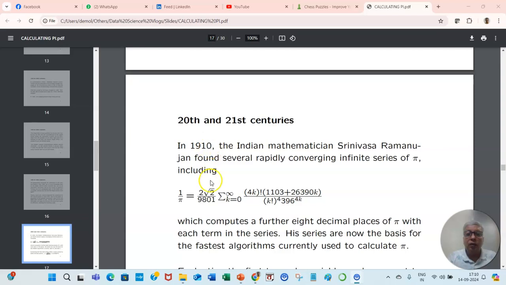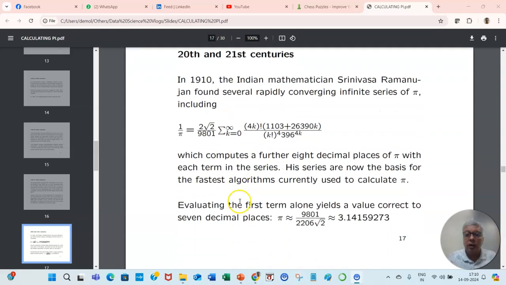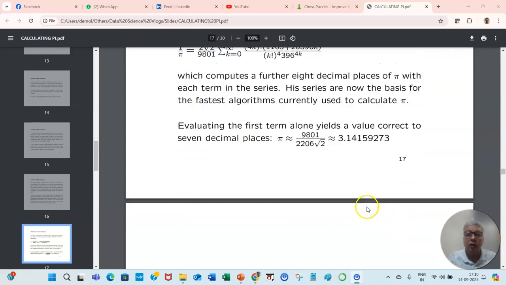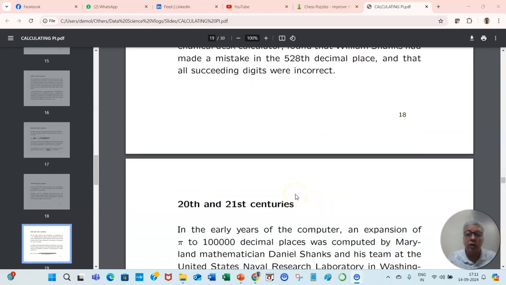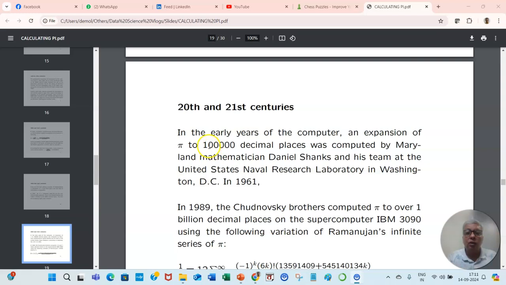Ramanujan in 1910 gave this formula to calculate pi, which has a very fast convergence rate. In fact, only the first term gives you the value 3.14159273. From the mid-century onwards, computers came in, and Shanks' calculations were corrected. 100,000 decimal places of pi were calculated by Daniel Shanks at the United States Naval Research Laboratory in 1961.